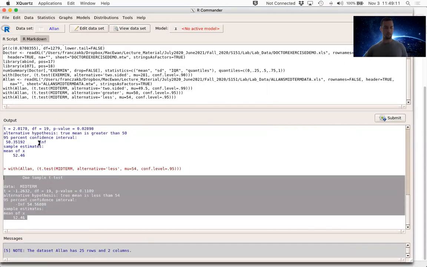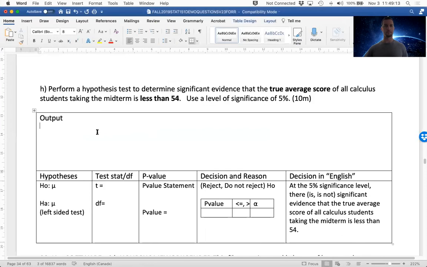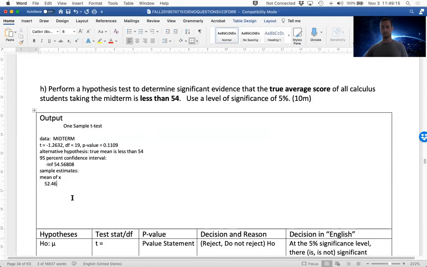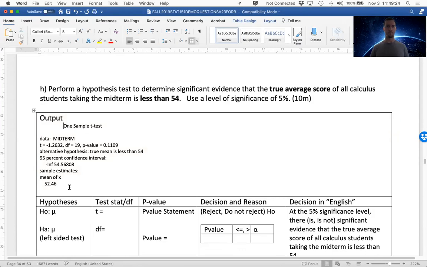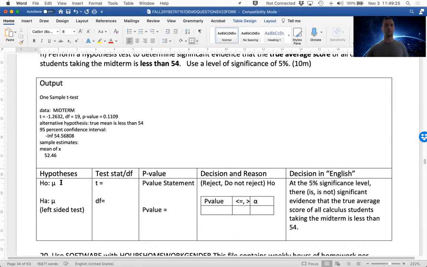Okay, so we have the following. Here we have mu equals 54, mu less than 54. Our t value is negative 1.2632.